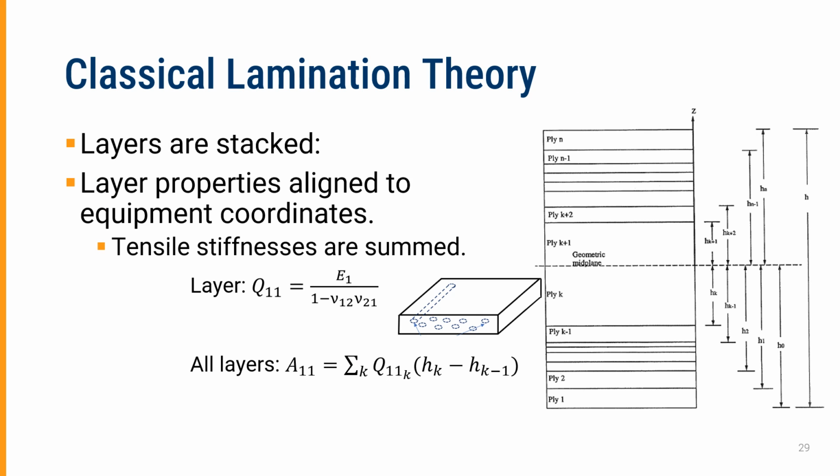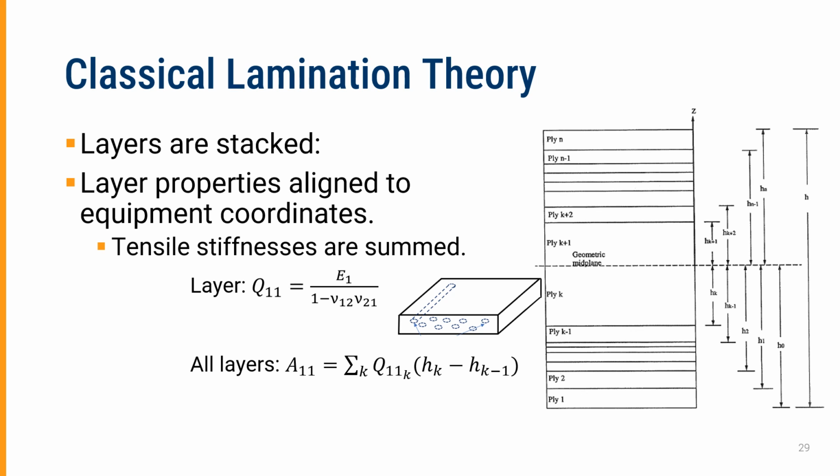This slide shows how to develop the coefficient relating strain to load for the 1-1 coefficient in the one direction. For the laminate stack from ply 1 to ply n, for each ply we develop a stiffness Q11, which I showed on earlier slides, and that is equal to the Young's modulus in the one direction times 1 minus the square of the Poisson's ratio, which of course is different in each direction, so we use both of them. What happens then is that we are able to sum these stiffnesses.